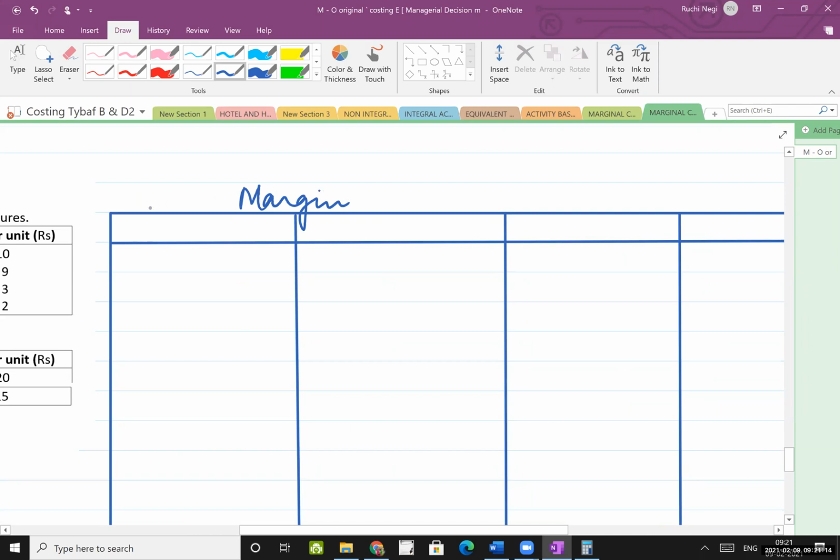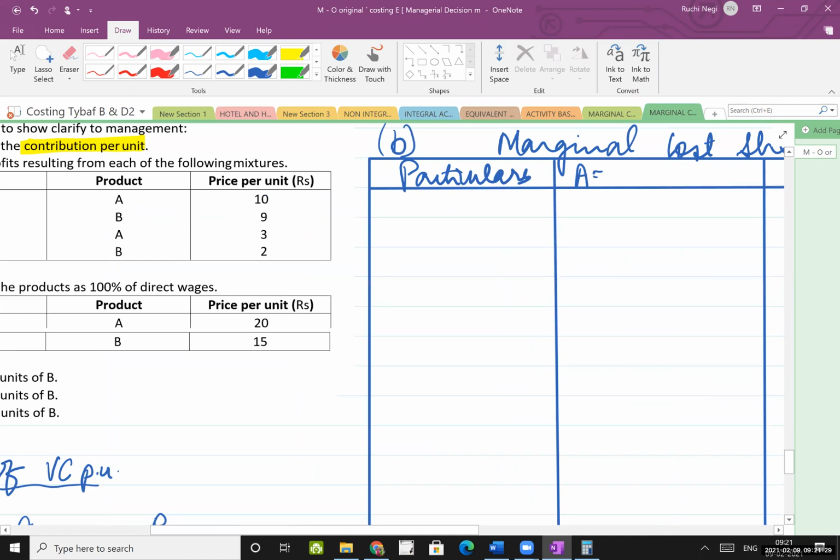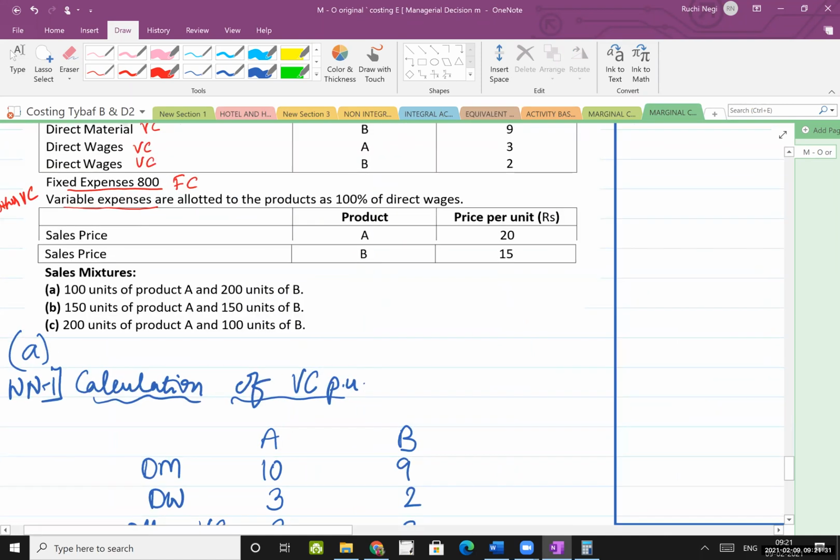Marginal, the second part of the question. Marginal cost sheet. Okay, first option में A is 100 and B is 200.